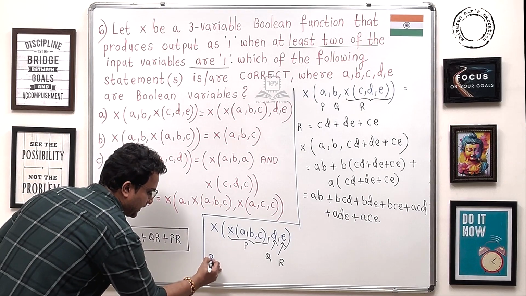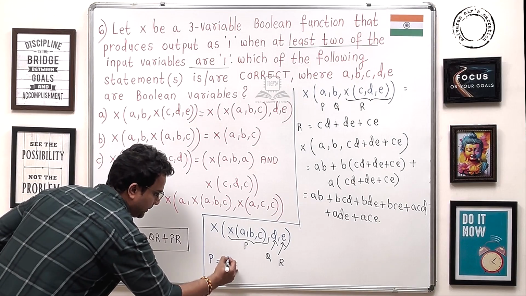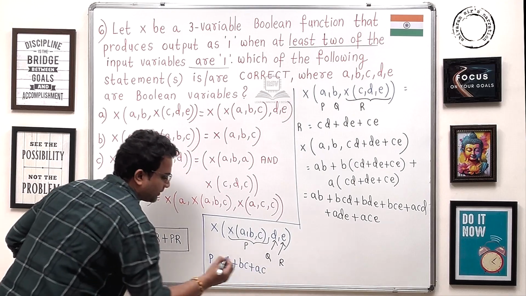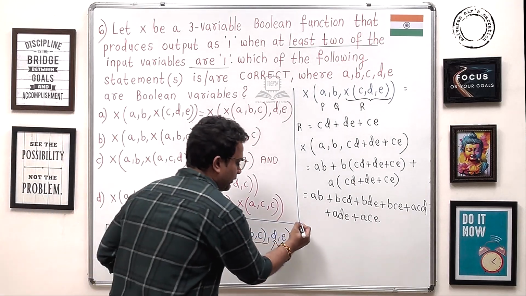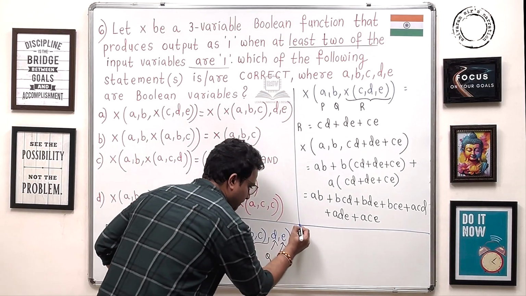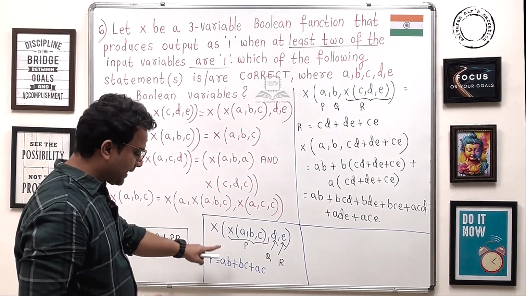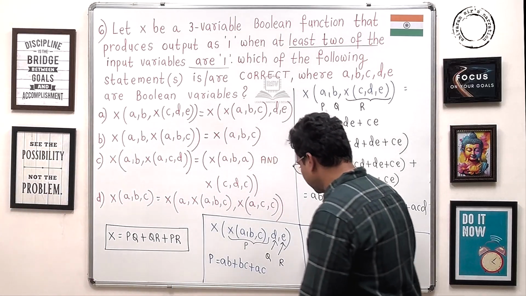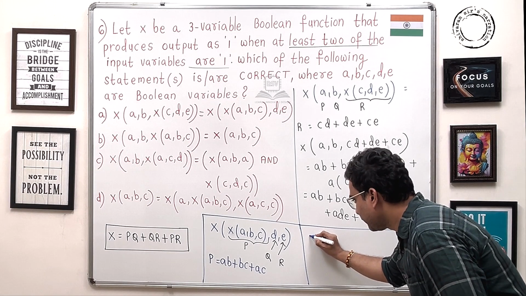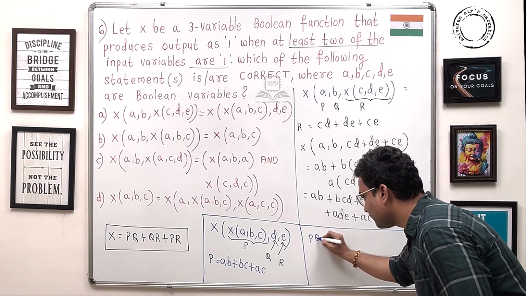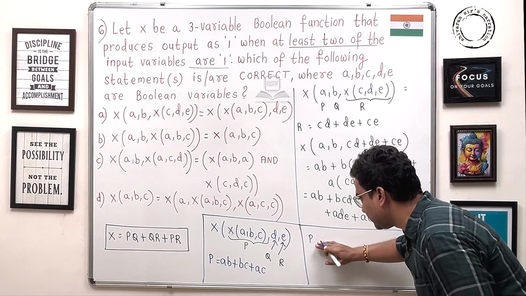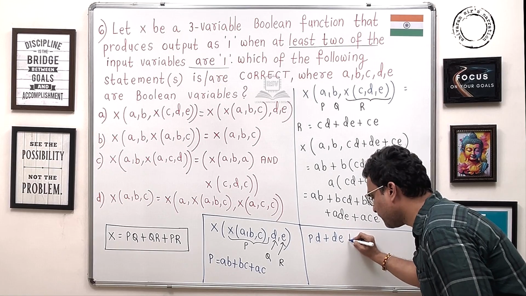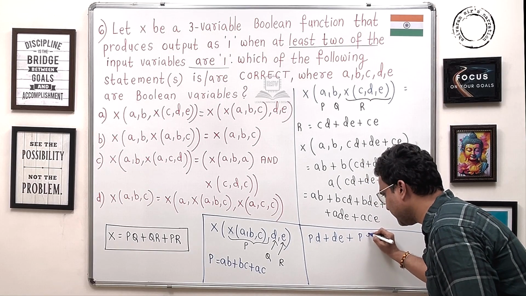This P is equal to AB plus BC plus AC. Got it? Now again, if you take this expression as the reference, it will be PQ means PD plus DE plus PE, isn't it?